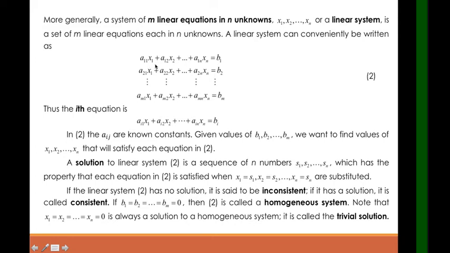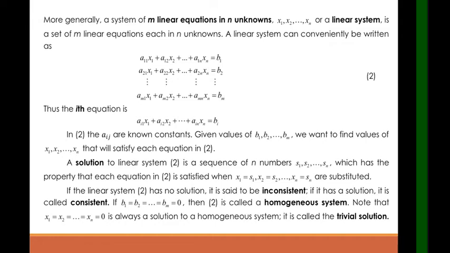So, a sub 11 x sub 1 plus a sub 12 x sub 2 plus ellipses plus a sub 1n x sub n equals b sub 1.